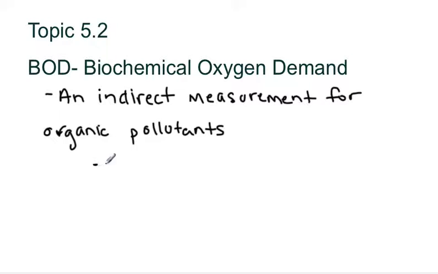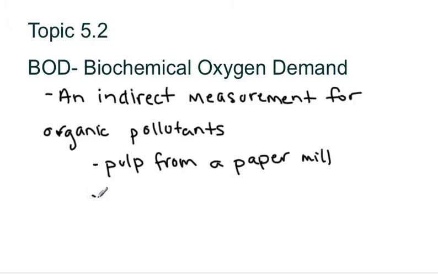The first one from the textbook that I have is pulp from a paper mill. So you can imagine breaking down all those trees and all you get is this nice, beautiful white paper. Where does the rest of the tree go?